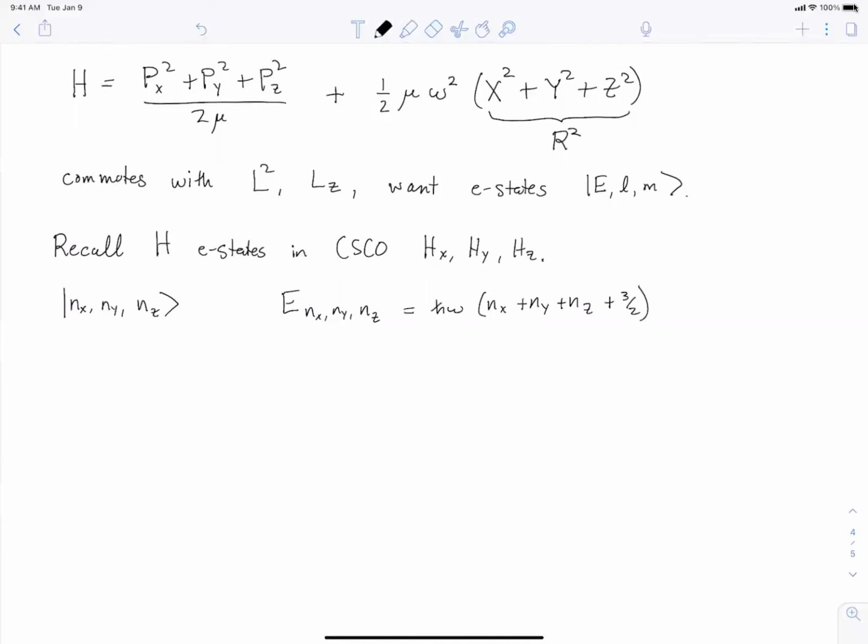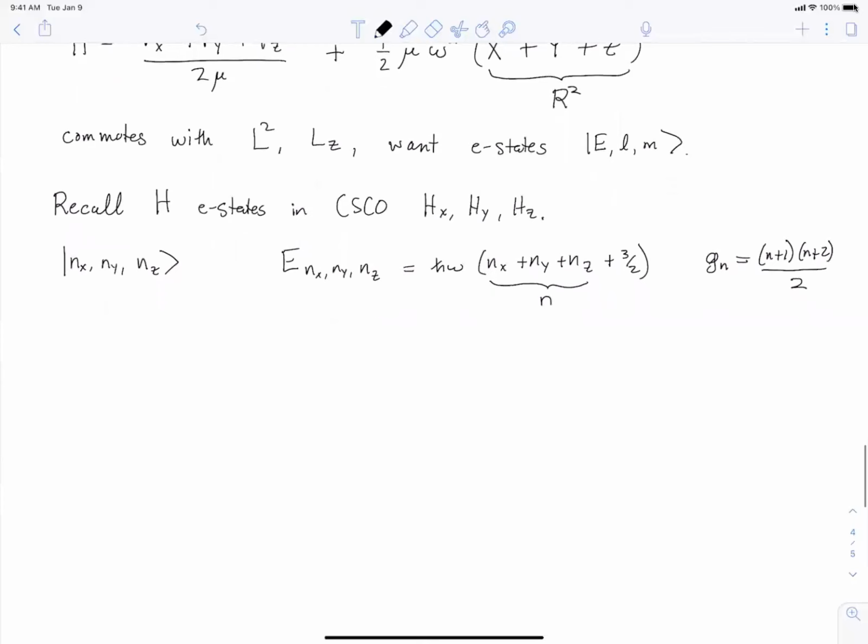And we even know the degeneracies for these. The degeneracies were n plus 1 times n plus 2 over 2. Okay, so this integer here is called n. So the good thing about this is we already know what the eigenvalues are that we're looking for, and we even know what the degeneracies are.